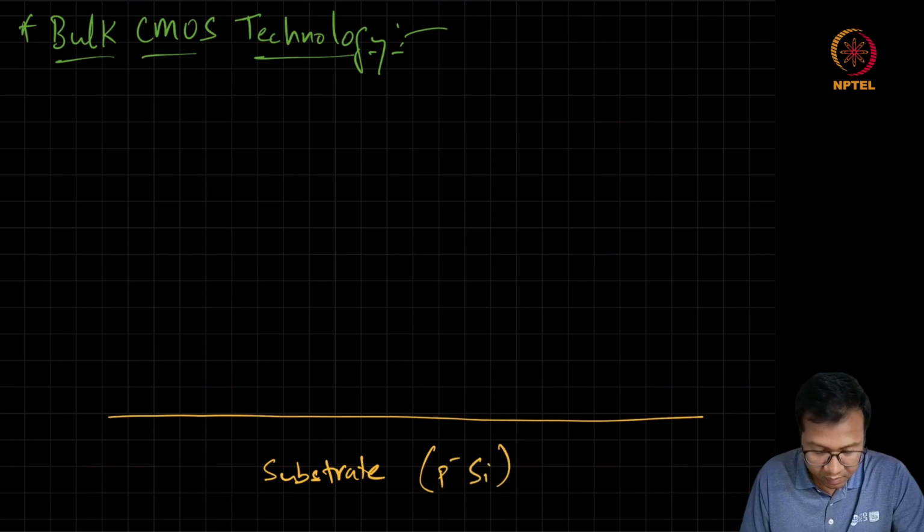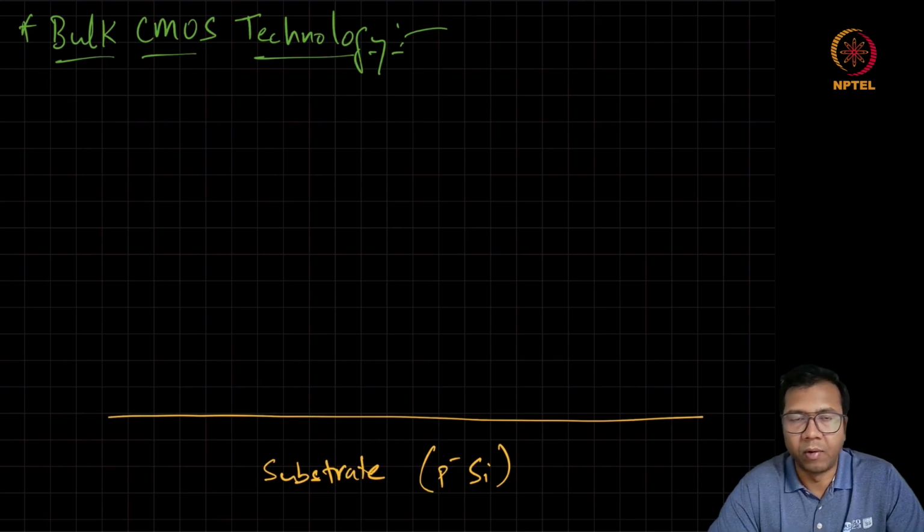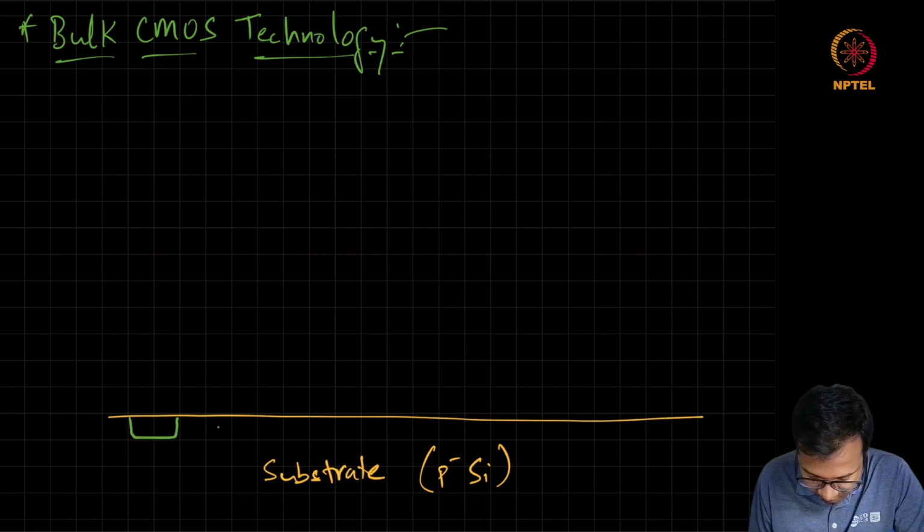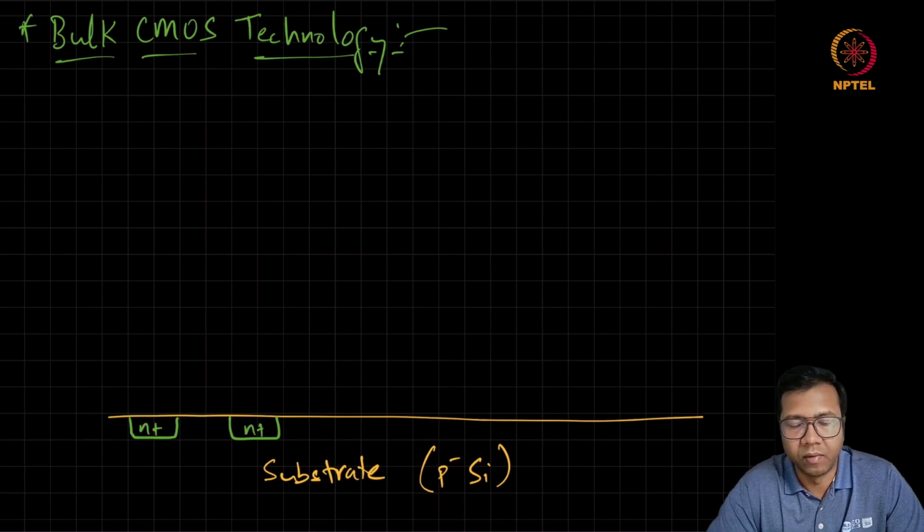And on this substrate, you will be seeing these active devices, NMOSFET and PMOSFET. Just looking at the NMOSFET, it will have these N plus diffusion pockets acting as source and drain.